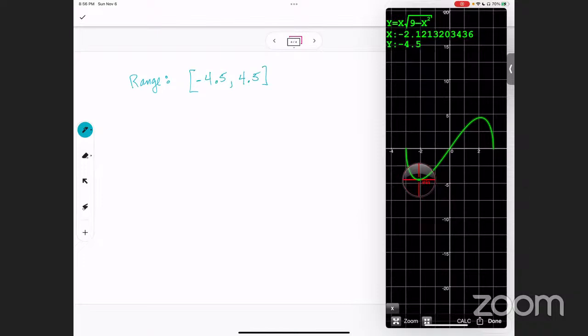And the domain would be from -3, including -3, to +3, because you're allowed to plug in 3. Look at the equation. Your equation was y equals x times square root of 9 minus x squared. If you plug in 3 here, you're just going to get 0 in here, and 0 times x is 0.